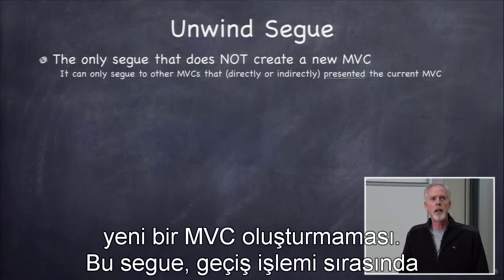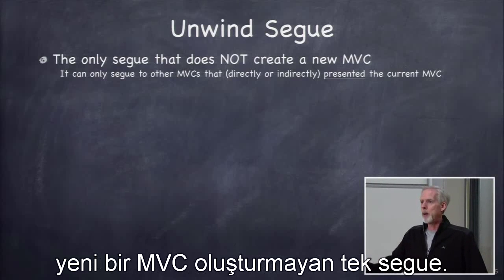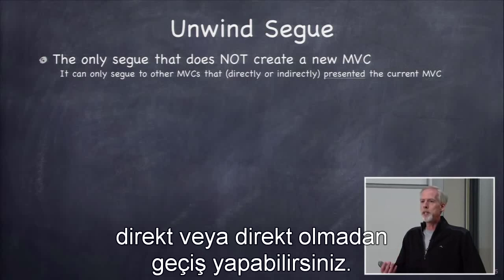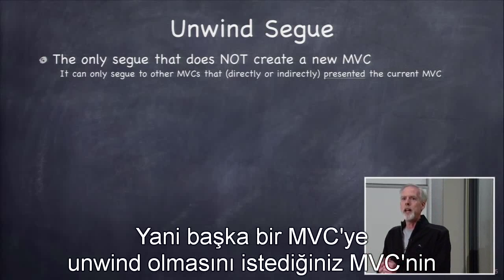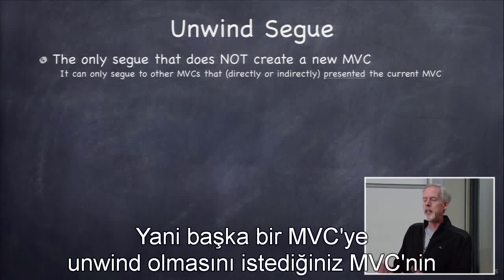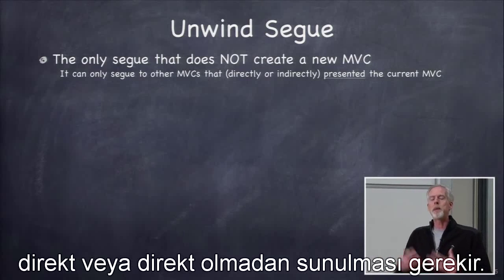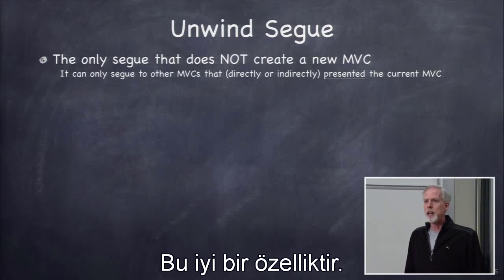It's the only segue that does not, in the process of segueing, create a new instance of an MVC. It can only segue to an MVC that either directly or indirectly presented the current MVC. So the MVC that wants to unwind to another MVC has to have been presented directly or indirectly by that.